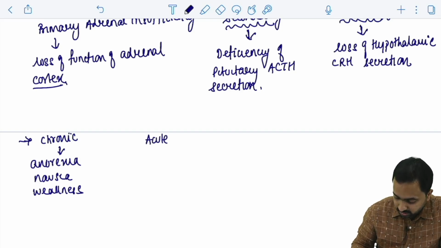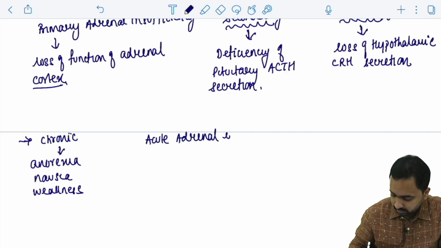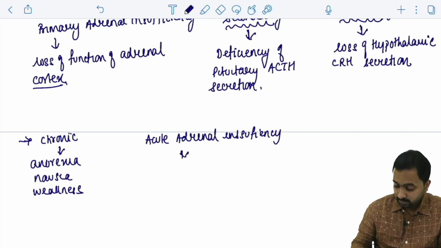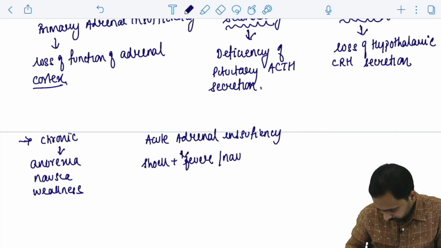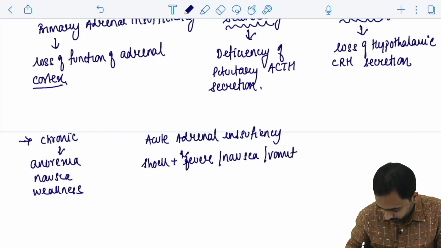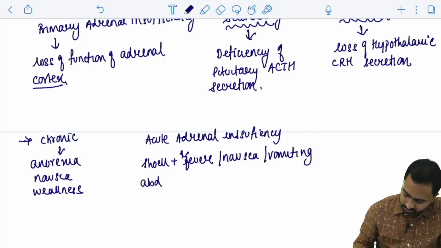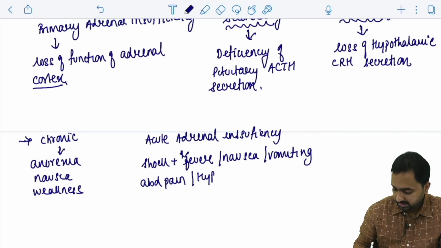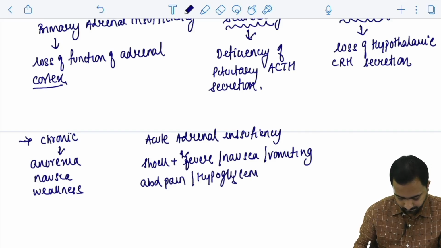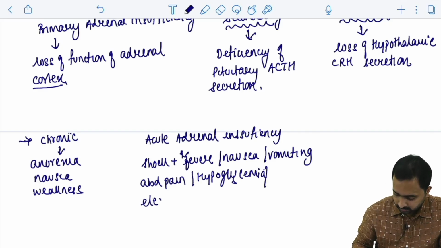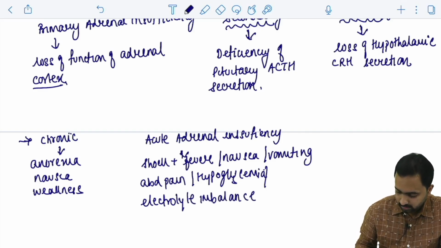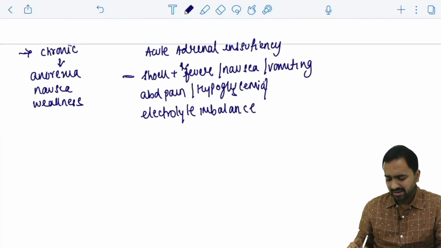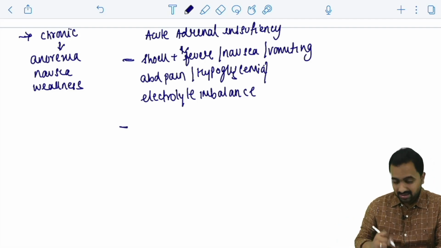Then there would be acute adrenal insufficiency, which usually presents as shock plus fever, nausea, vomiting, abdominal pain, hypoglycemia, electrolyte imbalance.